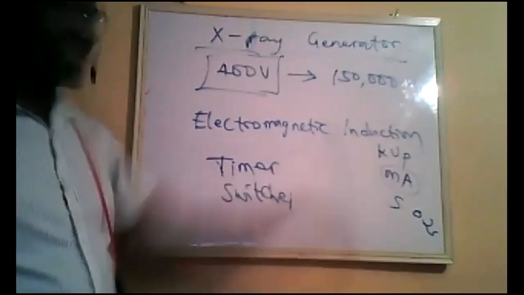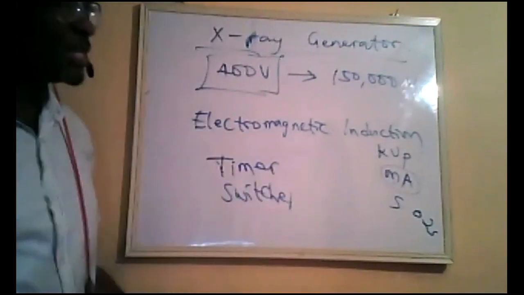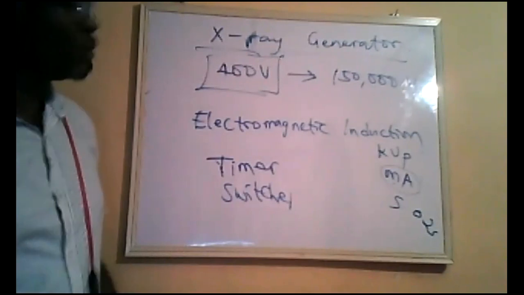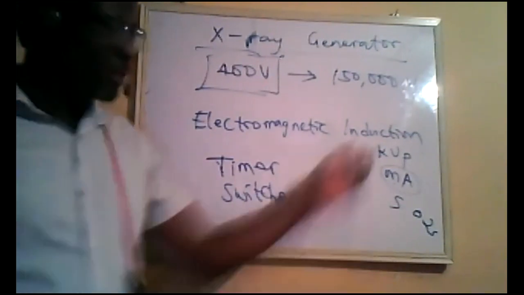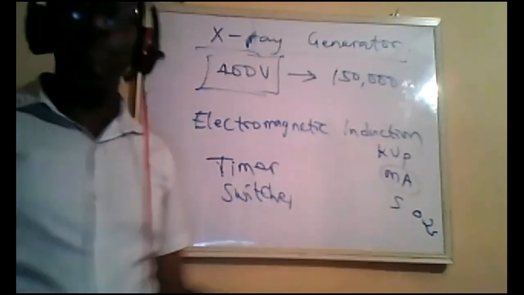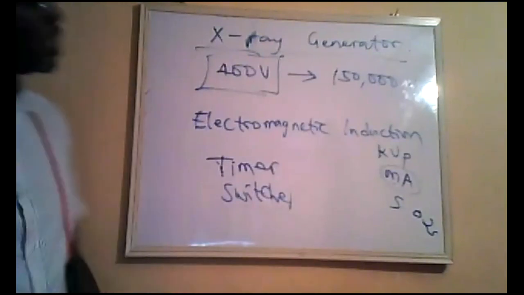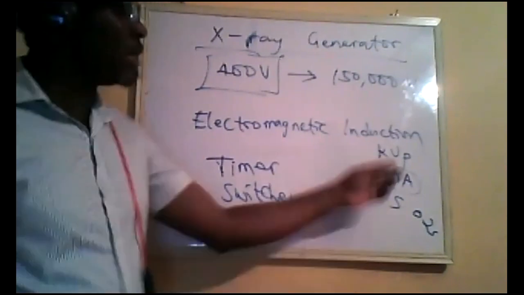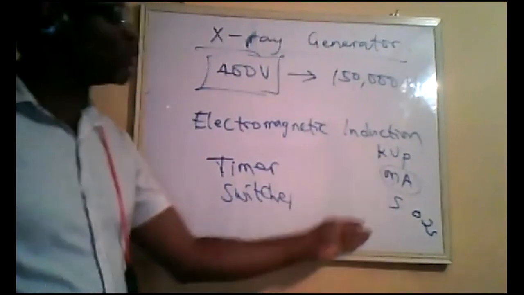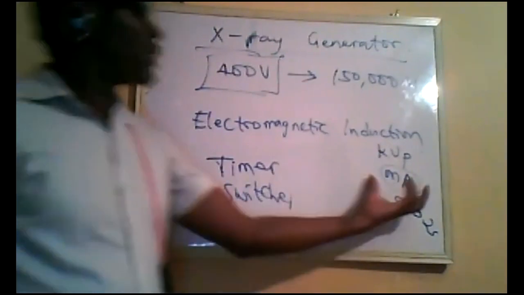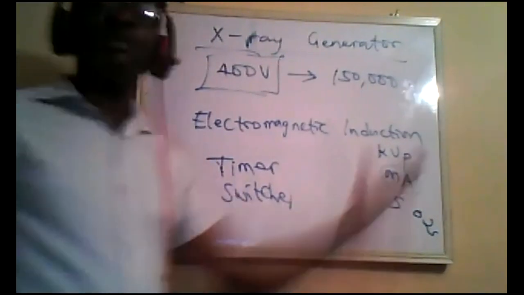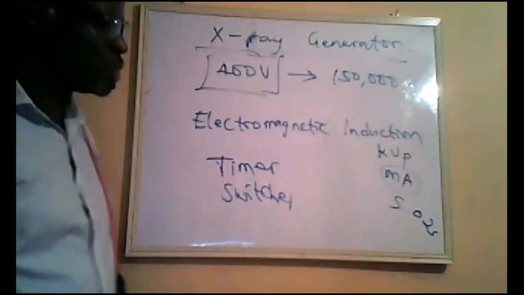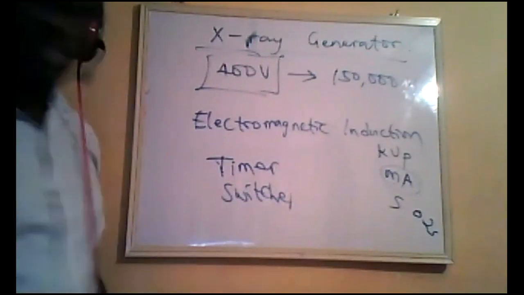And some of these things we want to check their reproducibility, their consistency, their linearity by doing quality assurance programs. You can check the kVp reproducibility or kVp linearity, mAs reproducibility, and so on, to make sure that whenever you set a particular value, that value is going to be maintained throughout the exposure.